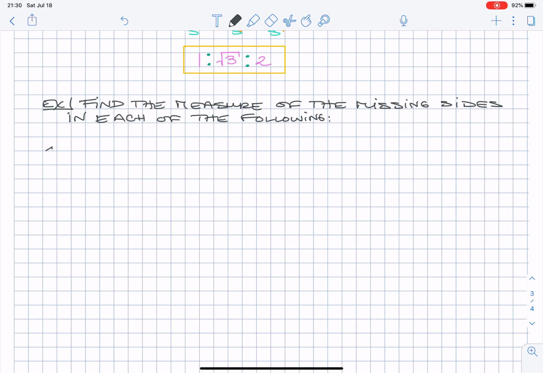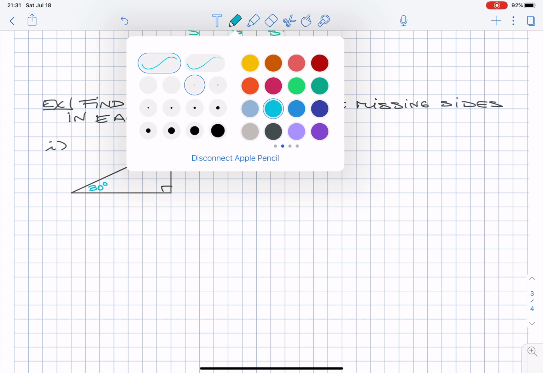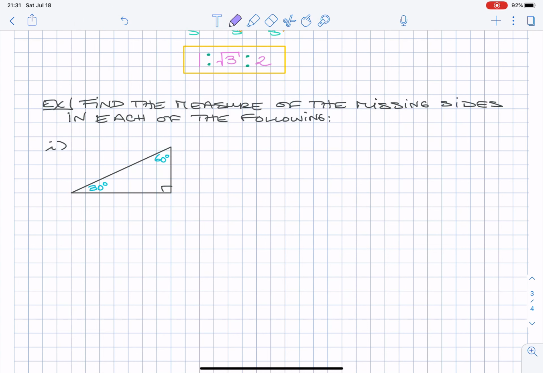Okay, so number one. Let's say we have a 30, 60, 90 right triangle, something like so. Note, not drawn very well. So let's say we've got 30 degrees down here, 60 degrees up here. And let's do 6 for the hypotenuse and 3 root 3 for the long side.